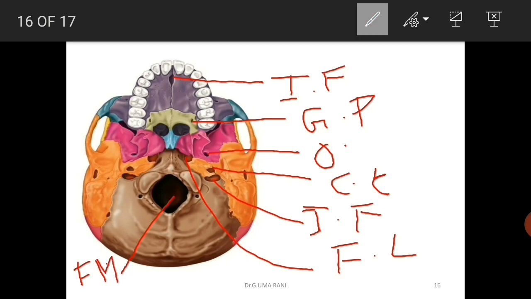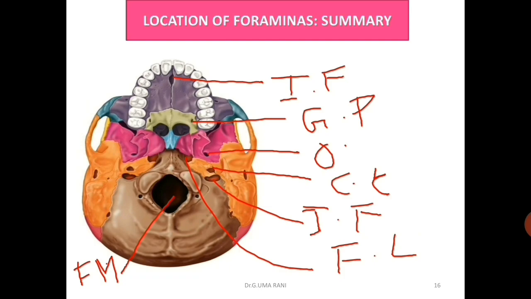So these are all the important foramina located in the norma basalis.